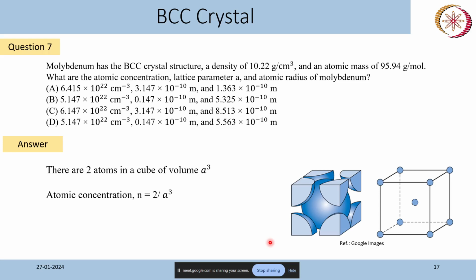So atomic concentration N will be 2 by A cube. So what will be the value? N will be 6.4 times 10 to the power 22 per centimeter cube.